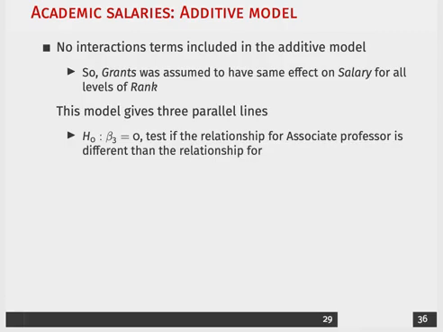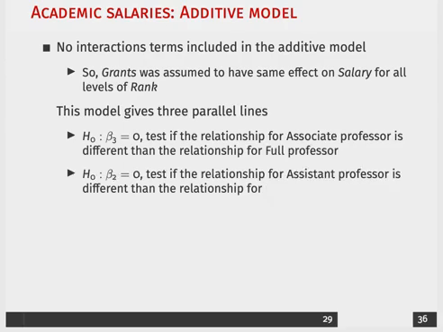So if we set up a null hypothesis such that there is no relationship between, and again, remember what beta 3 is, that's associate. So that's testing if the relationship for associate professor is different than the relationship for, always in comparison to the baseline, full professor.